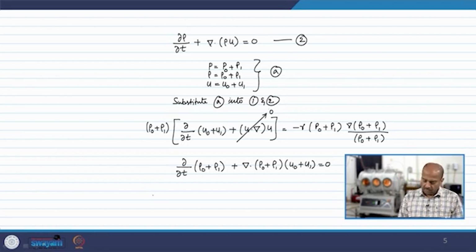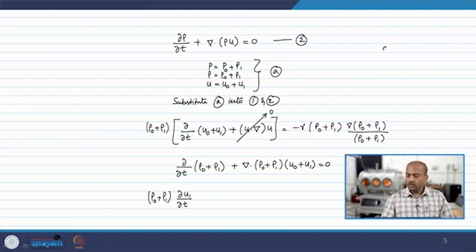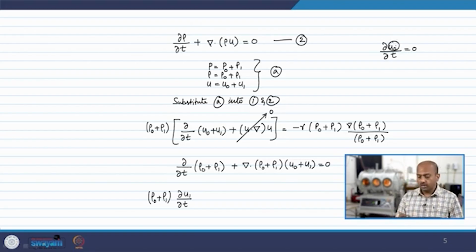Linearizing it, we get (ρ0 + ρ1) ∂u1/∂t, because, just for quick recall, ∂u0/∂t is 0, since u0 is an equilibrium part which is assumed to be a constant, so a derivative with respect to time would be 0.